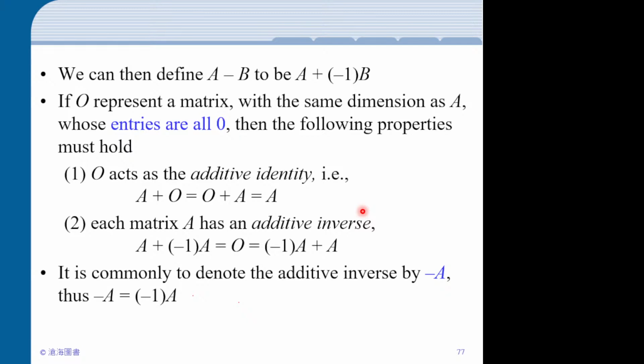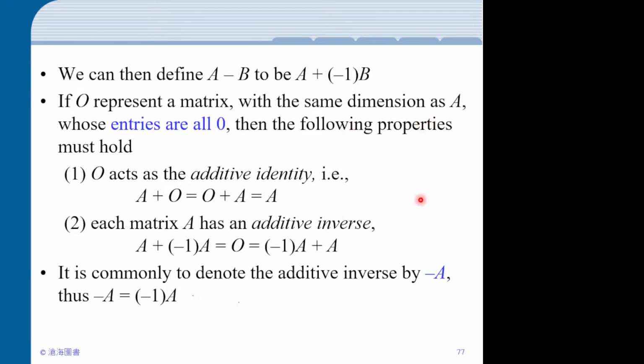Okay. And then we are talking about addition now, and then we can write down this identity of addition that is 0. So we can have the 0 matrix. We don't usually use these too often, but anyway, in this course we use this big O to represent the matrix which has all entries being 0.